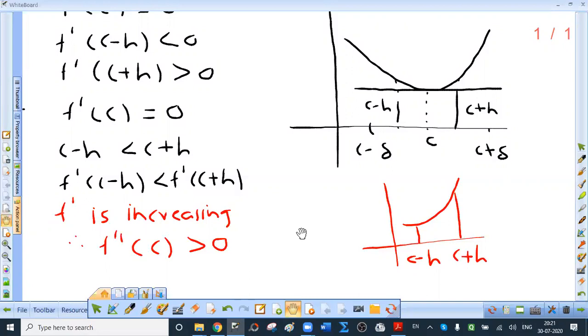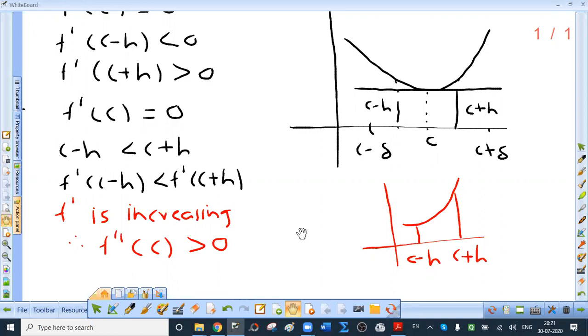So the first step, find out f dash of x and f double dash of x, because we require both. Then find the roots of the equation f dash of x equal to 0. Why? Because we are interested in points for which the first derivative is 0. So we solve the equation f dash of x equal to 0.